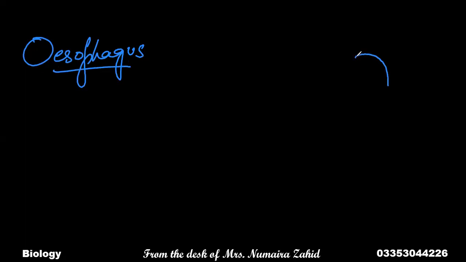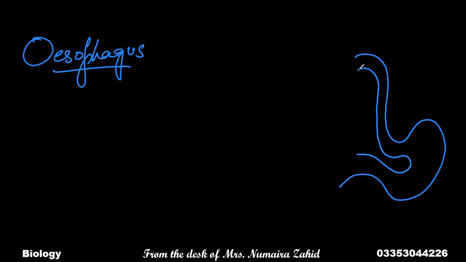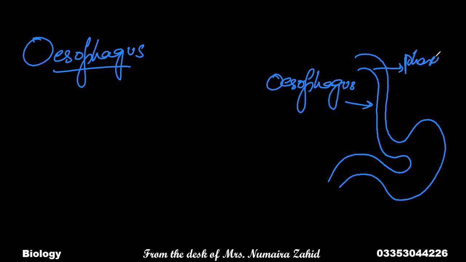What is the role of the esophagus in the human digestive system? The esophagus is just a narrow tube which connects the oral cavity with the stomach. As you can see, this tube is the esophagus, and this is the pharynx.